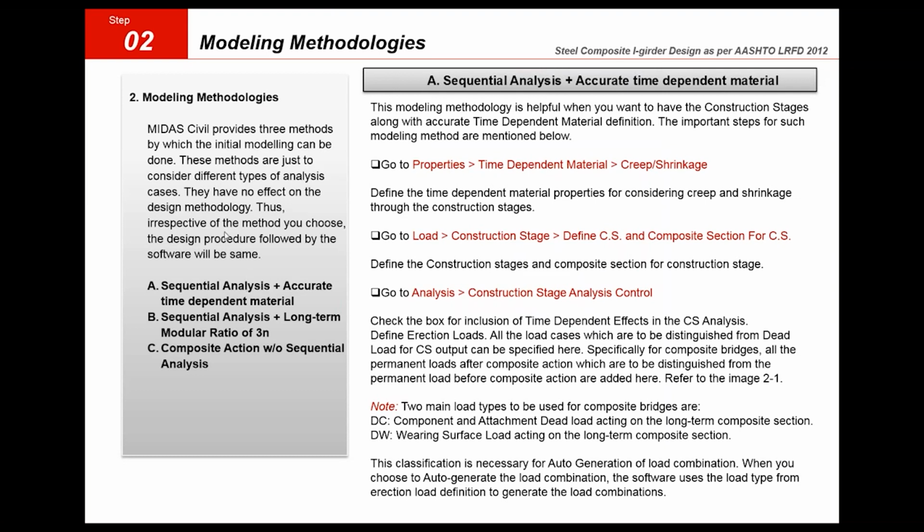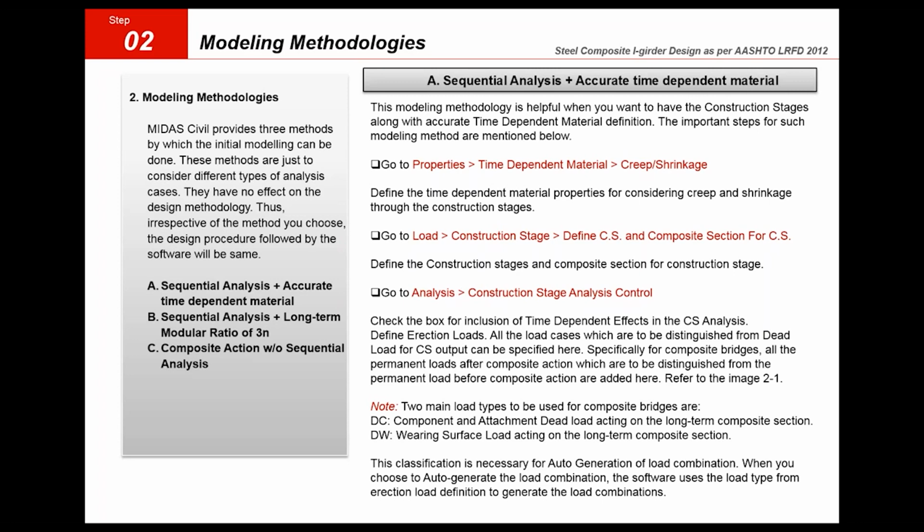Before we get into that, let me provide you a quick overview. For the steel composite bridges, you have three ways to define the time dependency of the concrete. Method A is to do the construction stage analysis and use the creep shrinkage and compressive strength functions according to CEB-FIP or ACI and so on.